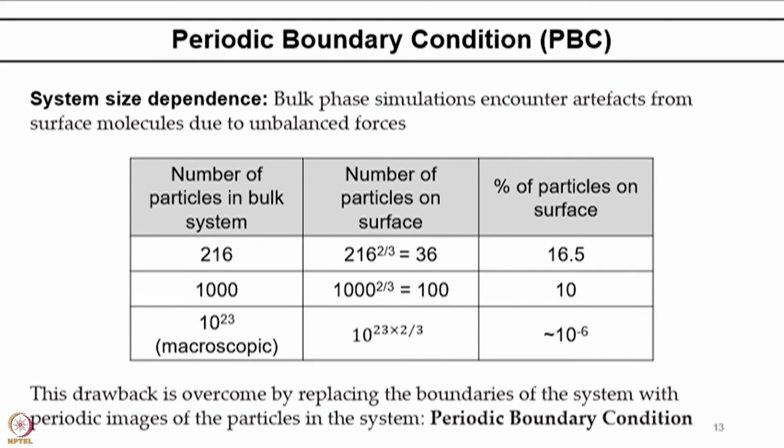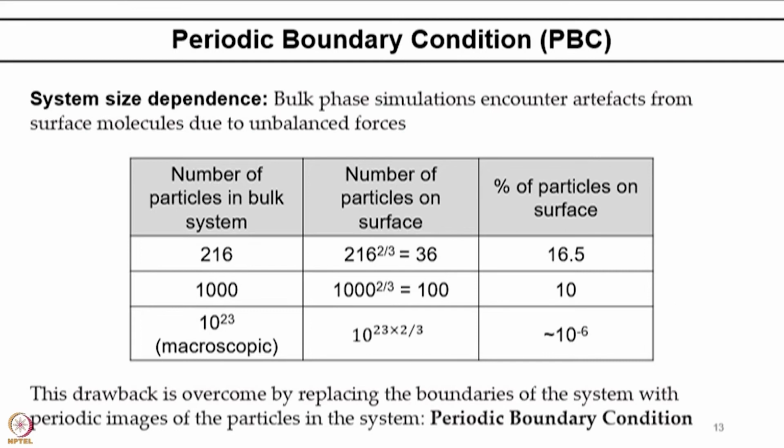In this table, the last column shows what percentage of particles are on the surface. And you don't want that, because this creates a serious problem: we do not want to study the surface effect, which has a different goal and different methodologies. We want to study the bulk properties, but if it is influenced so much by the surface, we cannot really trust it.